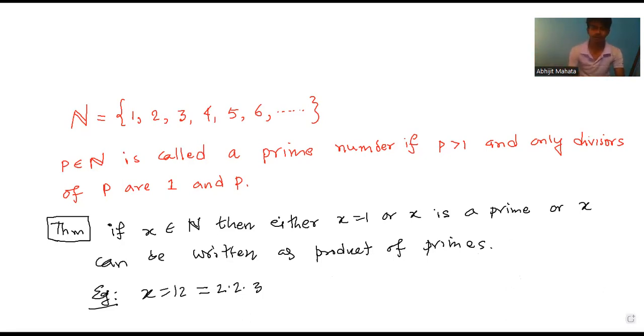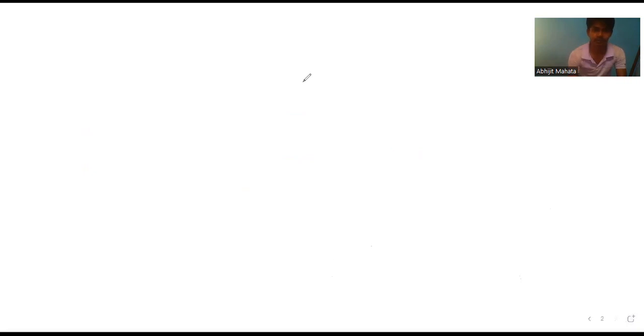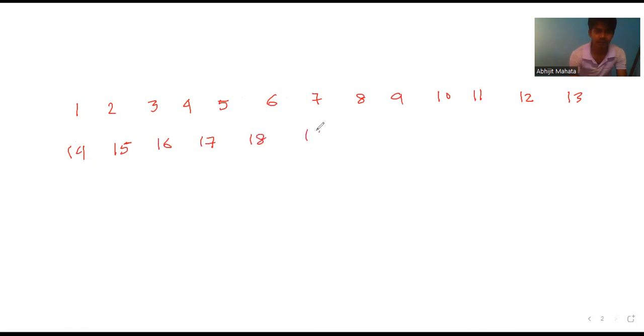So let me make a table. Firstly put here 1, then 2, 3, 4, 5, 6, 7, 8, 9, 10, 11, 12, 13, and then 14, 15, 16, and then 17, 18, 19, 20, 21, 22, 23, 24, and keep going on.